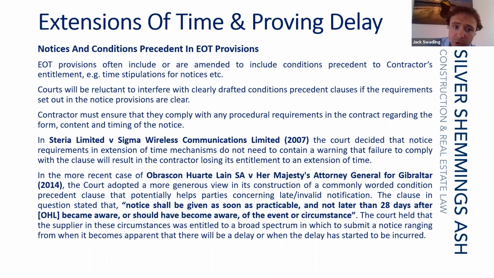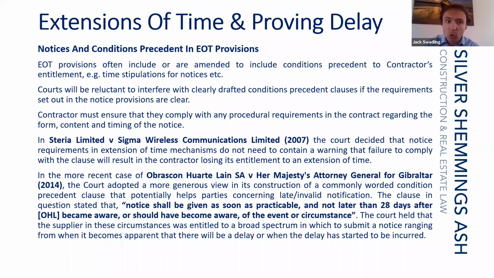So, two cases here on what a condition precedent for an extension of time entitlement needs to include. Steria was an important decision as it rode back on an earlier case with a long German name which escapes me now.